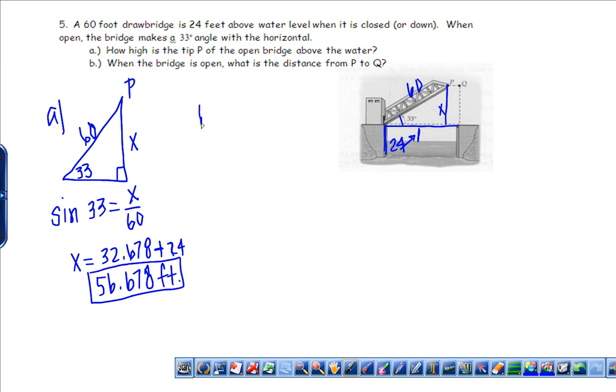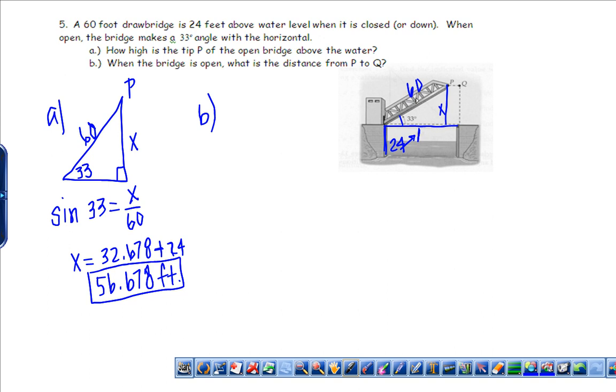Okay, now let's look at B. It says, when the bridge is open, what is the distance from P to Q? So we need to find this distance right here, P to Q. All right, I bet I can use a triangle on this one as well. I'm going to find this distance right here.